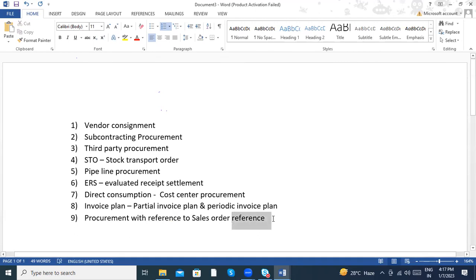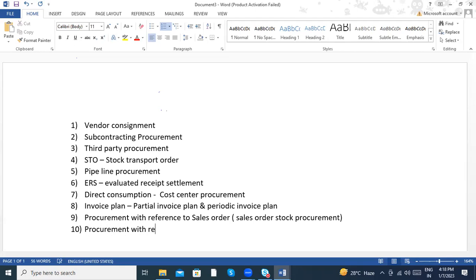So we can say sales order stock procurement. Then procurement with reference to the project order, maintenance order. This we call project order stock procurement.